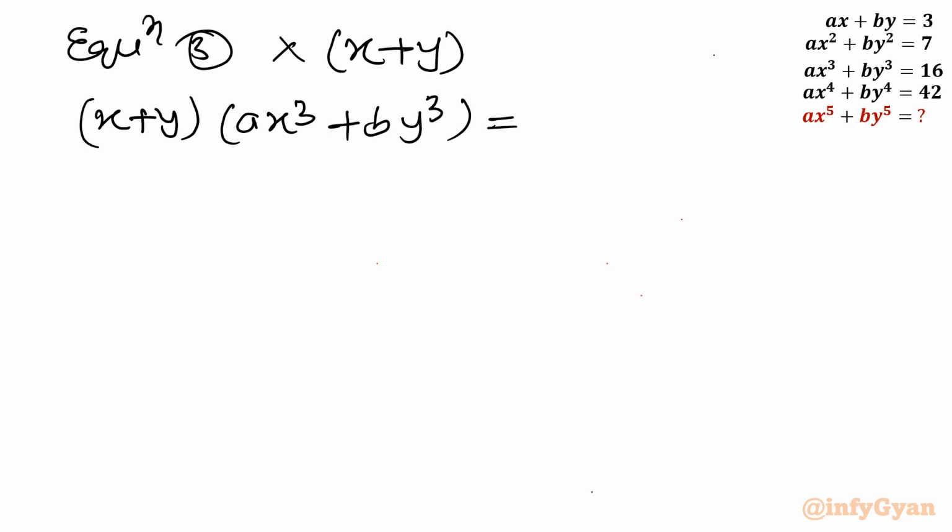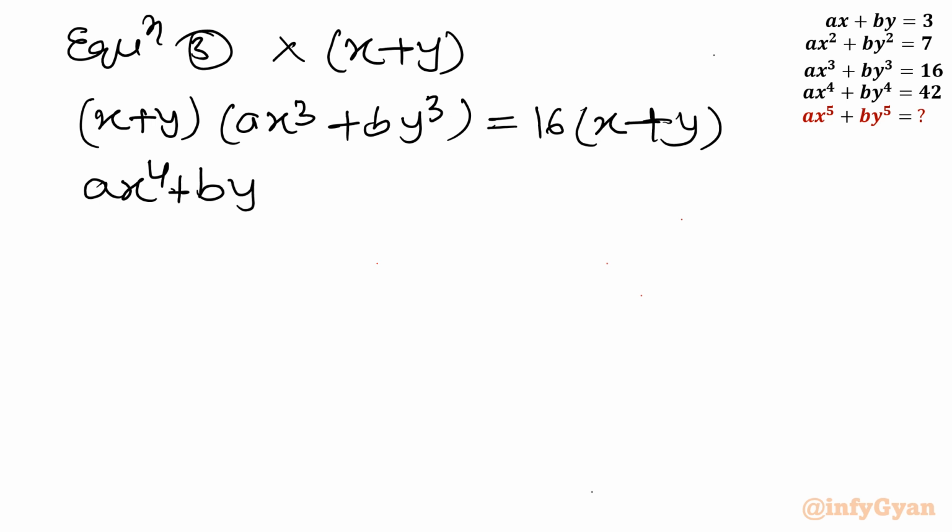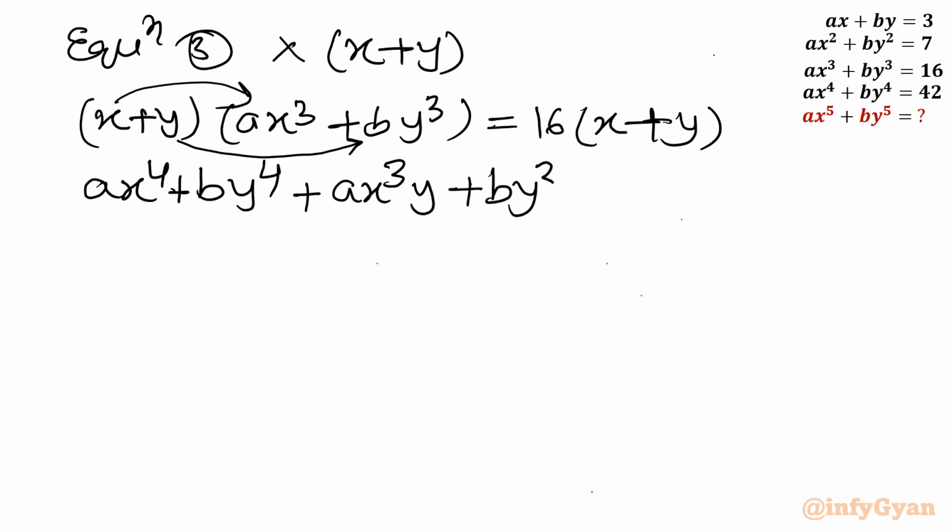Right hand side is 16 times x plus y. Let's multiply: ax^4 + by^4 with these two multiplications. Done. Now cross multiplication, so I will have ax^3 y, then I will have bx y^3. Right hand side is 16 times x plus y.